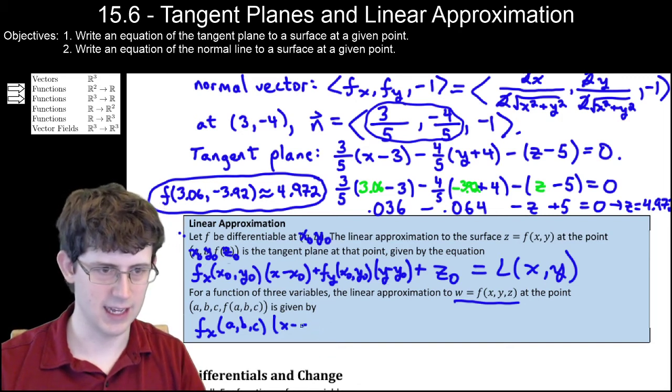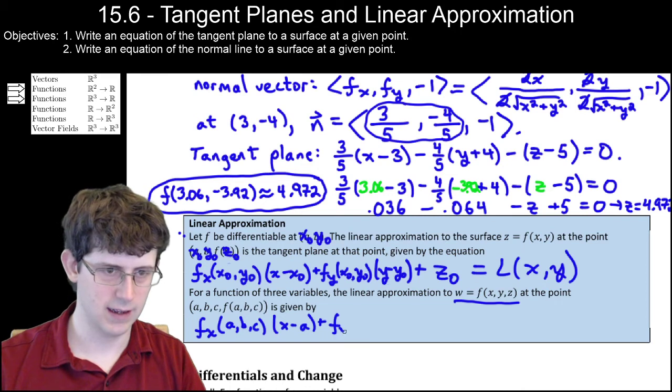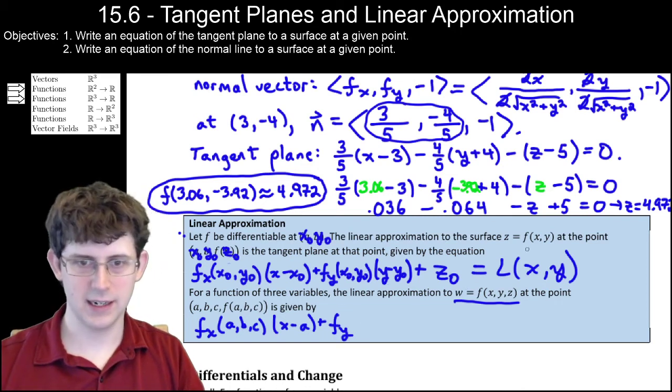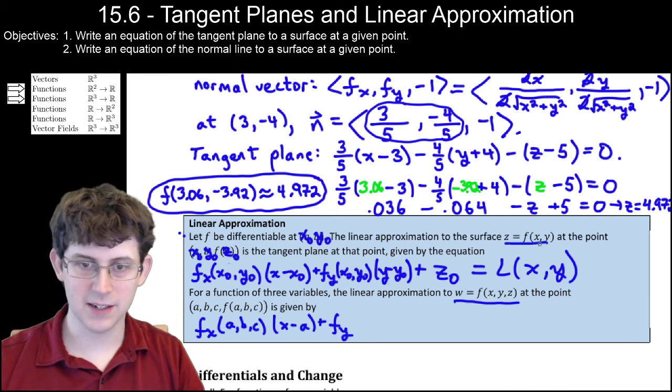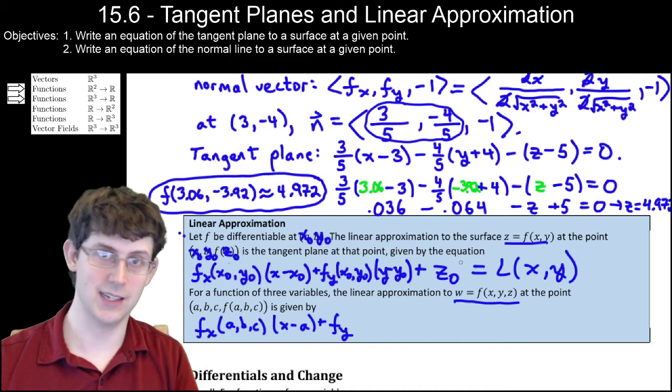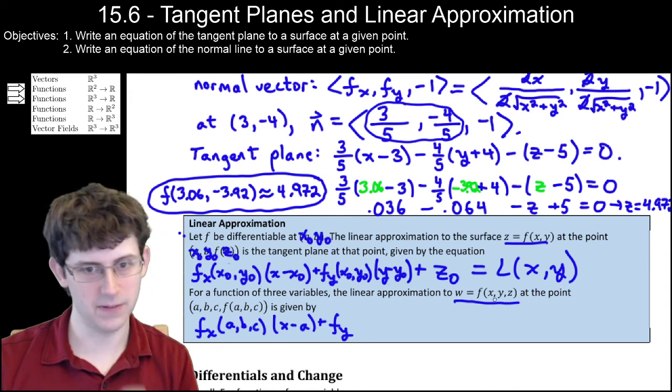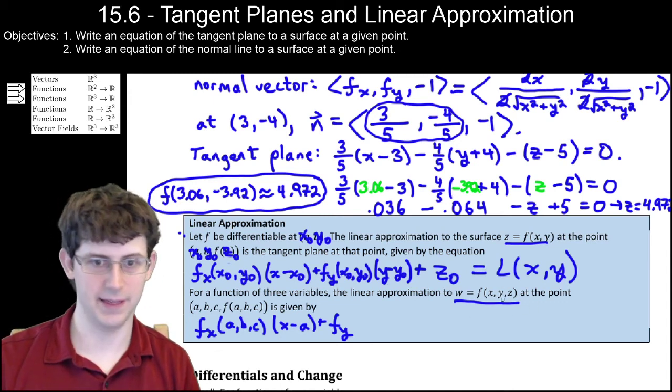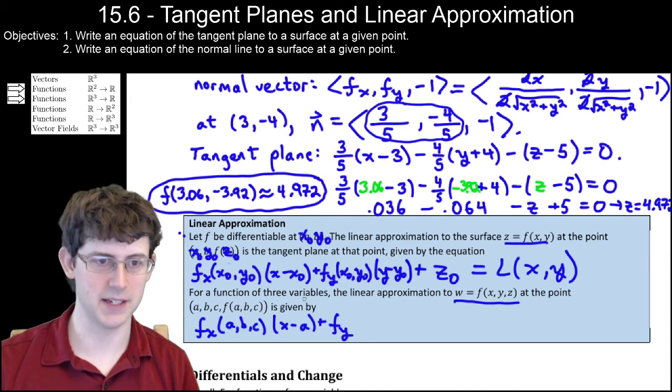That means this is A. The point is, if you have an explicitly defined surface, you do the partial derivatives of x and y, and you treat z kind of specially. If x, y, and z are all in there, none of them is special, then you treat them all the same.